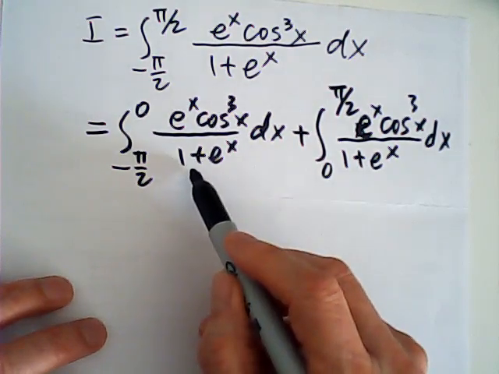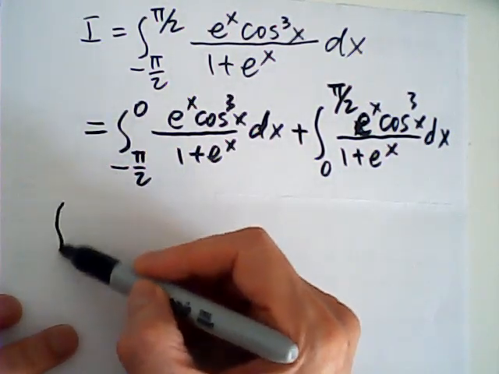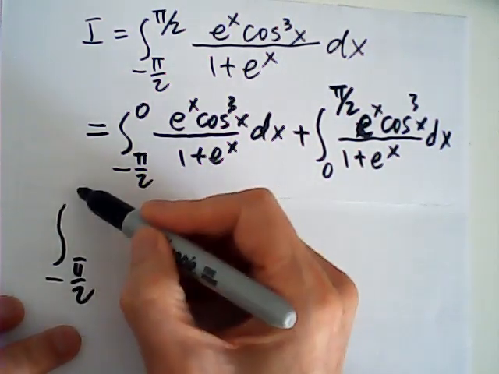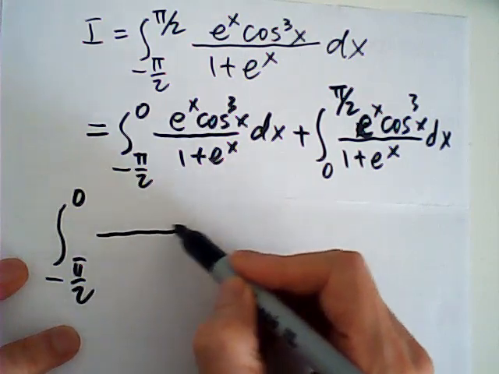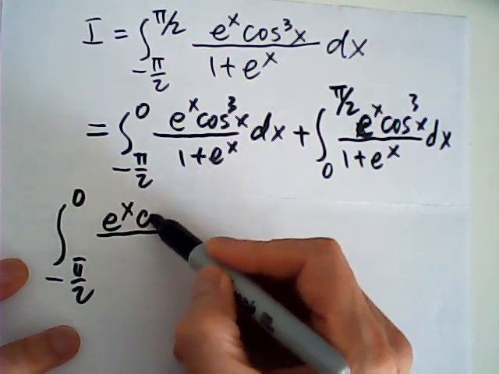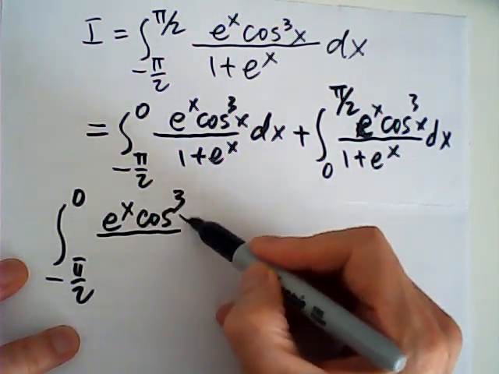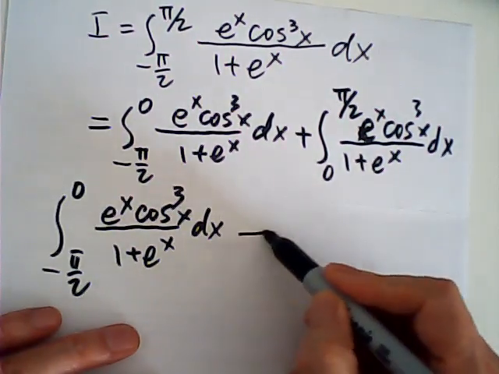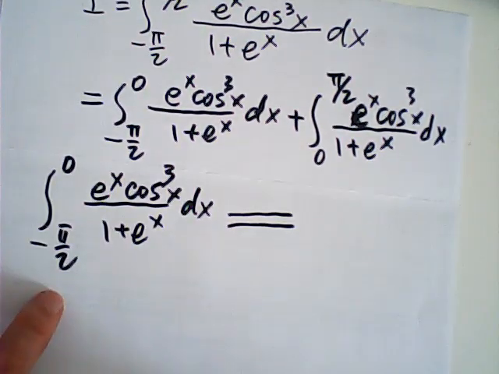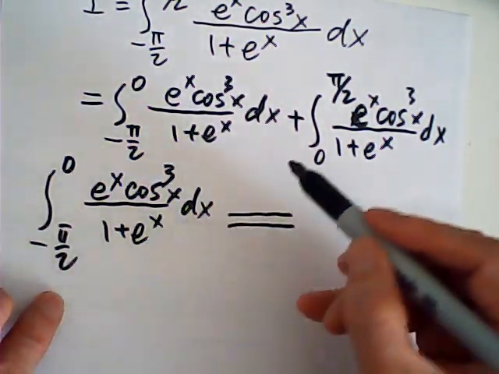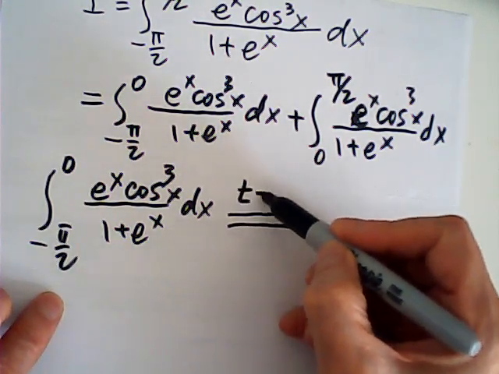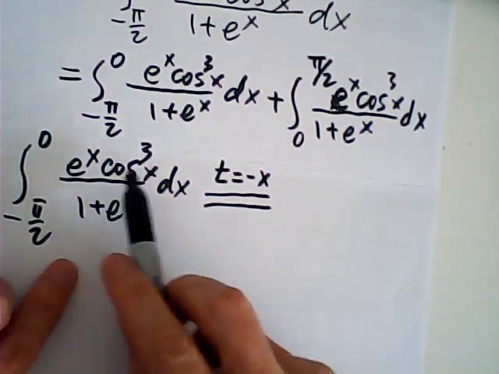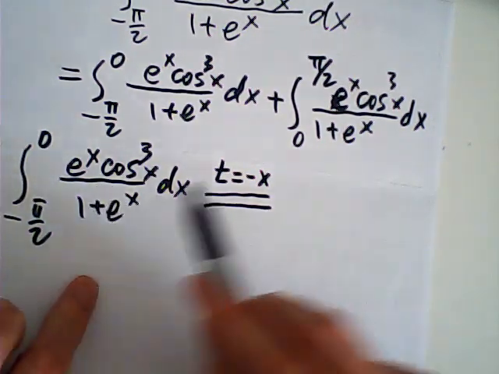Now, let me do this one separately, okay? This one from negative half pi to 0 of e to the power of x cosine cube x dx over 1 plus e to the power of x. I assume that t is equal to negative x. Let me replace x by negative t.